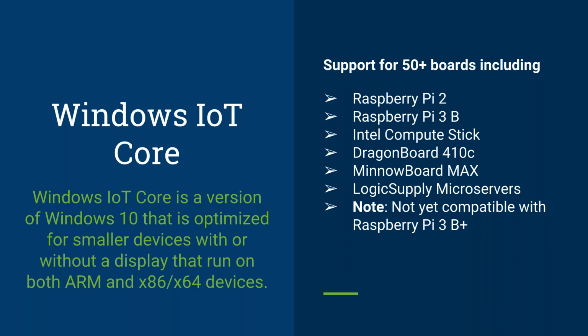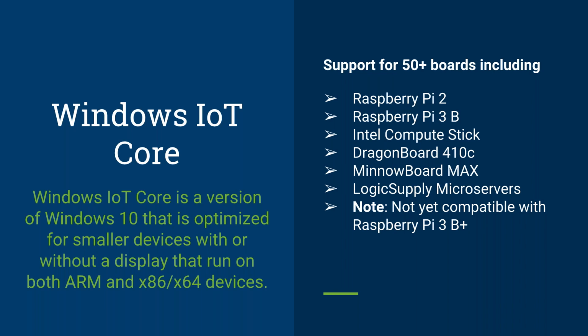There are a number of boards they support, over 50. I was a little surprised when I looked at that stat. I didn't realize it was that many, but it supports the Raspberry Pi 2, Raspberry Pi 3B, Intel Compute Sticks, if you've seen or worked with those, and some other lesser known boards: Dragon Board, Minnow Board, and a few Logic Supply microservers. These are like little servers that you can just load any OS on when you want.